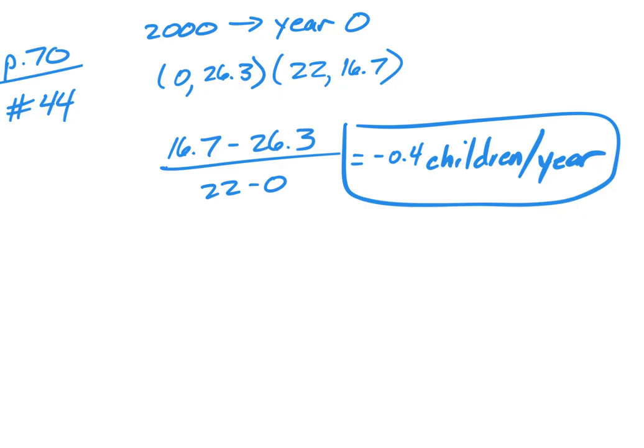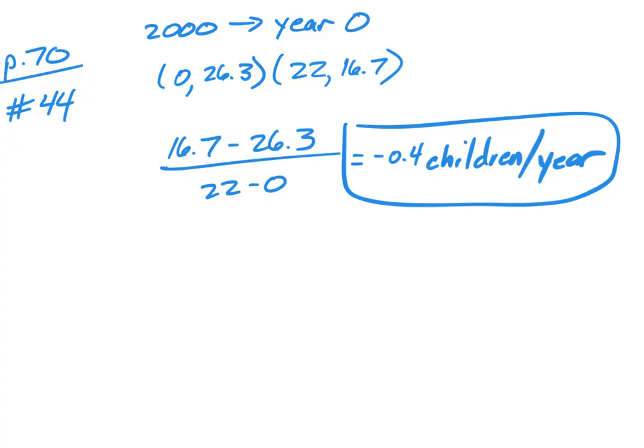We can't lose like half of a child. I know you might look at it that way, but it's an average, right? It's based on the data that we've got. So our population in kindergarten is going down a little bit less than one child per year. Okay, so just another way of using slope to represent something, an average or rate of change.